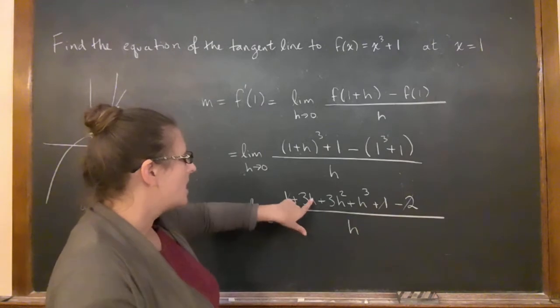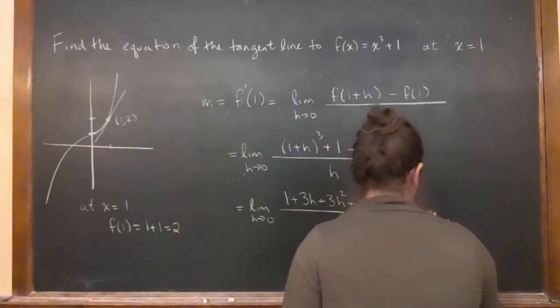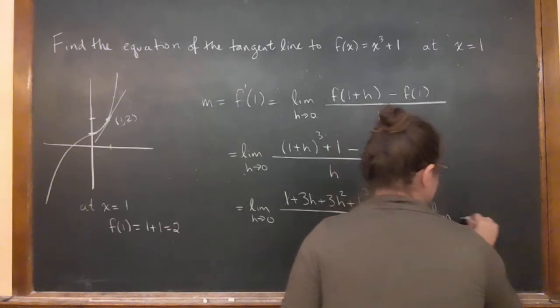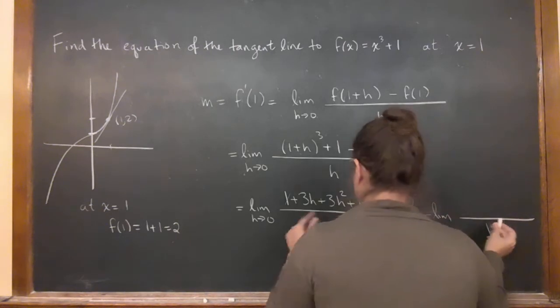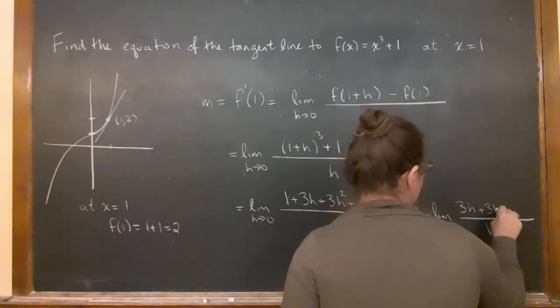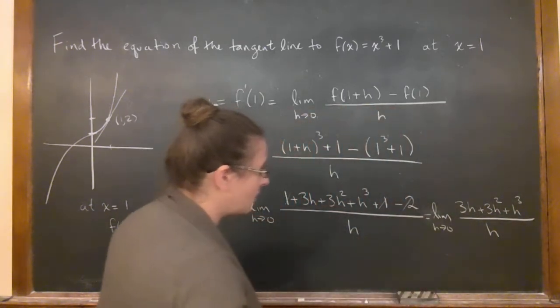And then I'll write it one more time just to be clear here. After I've canceled out my constants, I have 3h plus 3h squared plus h cubed in that part.